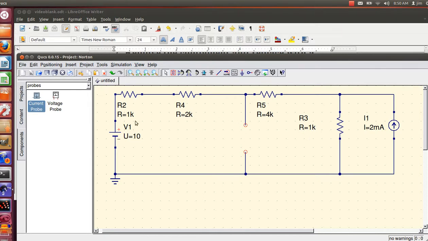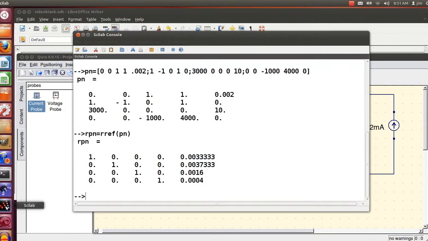So series resistance, I add them up. This side's 3K, this side's 5K. So essentially I have a parallel combination of a 3K and a 5K. Again, I'm going to go to Scilab. I don't want to do a lot of hand calculations with fractions, order of operations and all that.